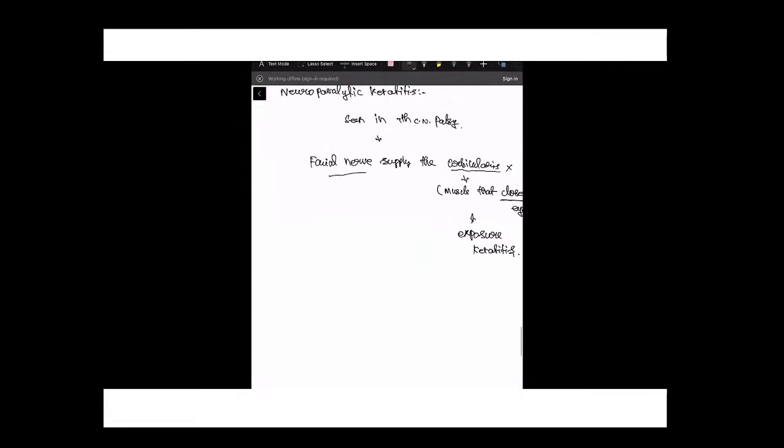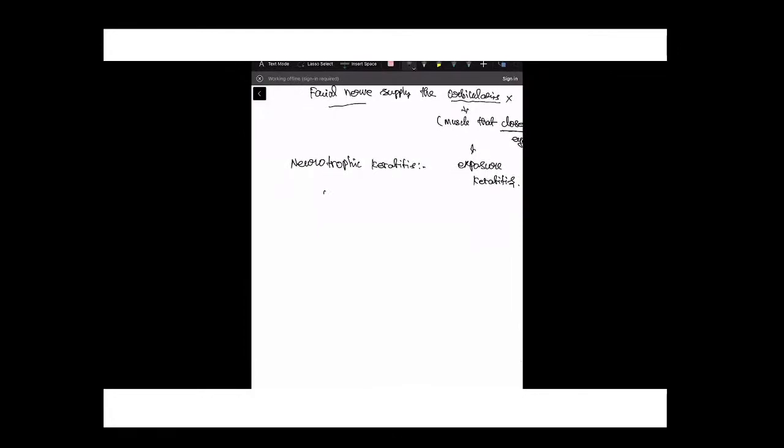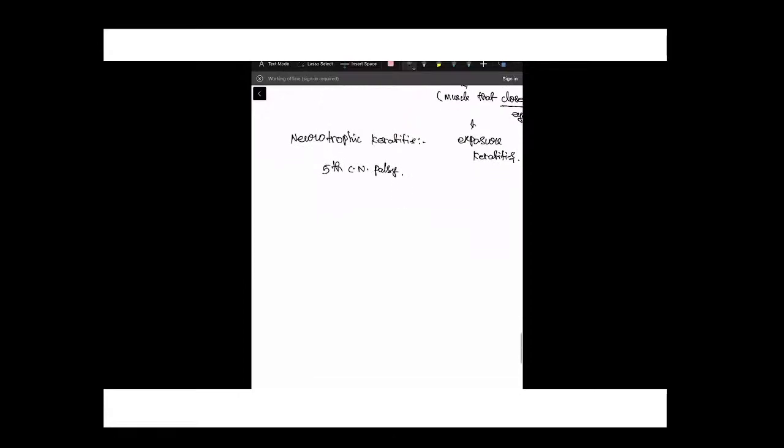We also have neurotropic keratitis. Neuroparalytic keratitis is due to seventh cranial nerve palsy. Neurotropic keratitis is due to trigeminal, fifth cranial nerve palsy. The fifth cranial nerve carries corneal sensations.